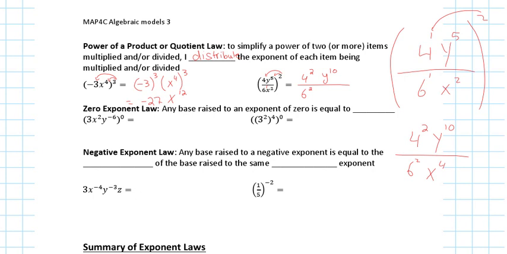What I always tell them is that whenever you have a number or any letter that doesn't have an exponent, put an exponent 1. Because then you see that you have to multiply it in. You see how I put the exponent 1 on the 4 and on the 6? That's going to remind you that when I'm distributing my exponent, I have to multiply that by the 1. Are we okay with that?